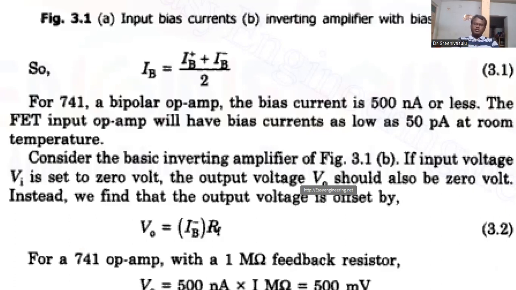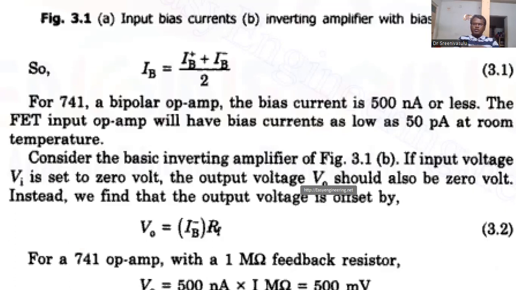Usually it is a very small current, but even so, it does not match our ideal op-amp case. We assumed that either of the input terminals draws no current, but there must be some current, the average of the currents drawn by the two transistors, at the non-inverting and inverting terminals.